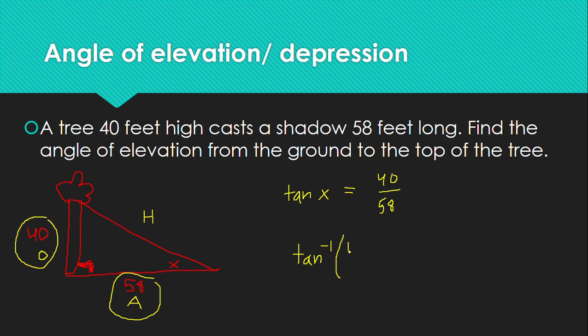And then I put 40 over 58. If you're in degree mode, when you do that in your calculator, let's see what we get. I'm putting in second tan, 40 over 58. And I got 34.6 degrees. I put degrees because it is, in fact, an angle. So same thing. The big difference there is we had to draw the picture first.